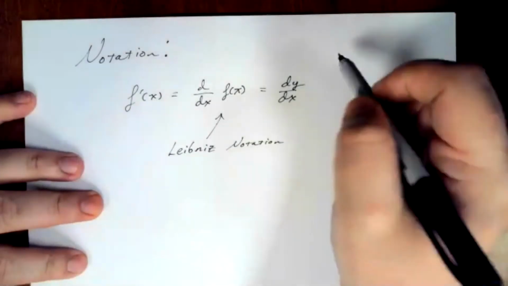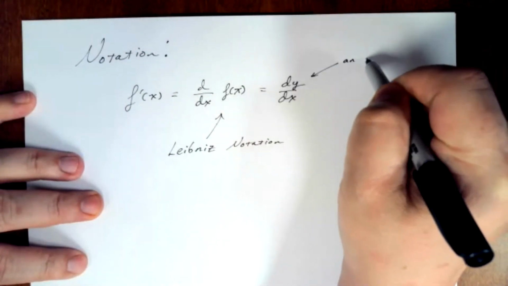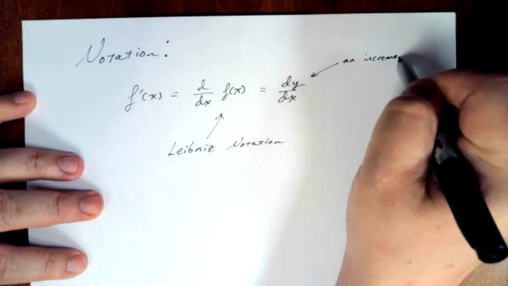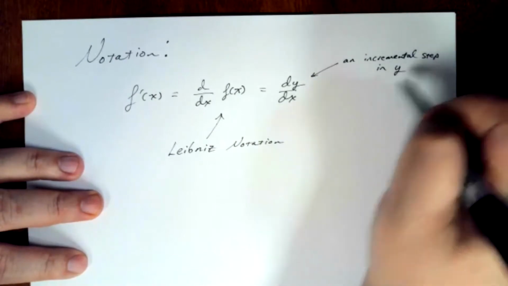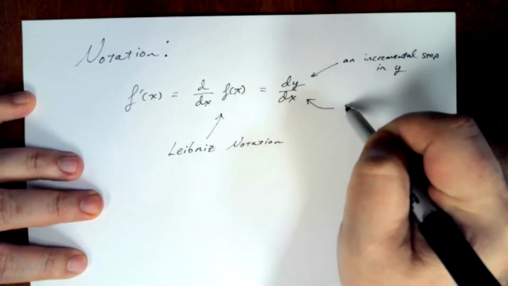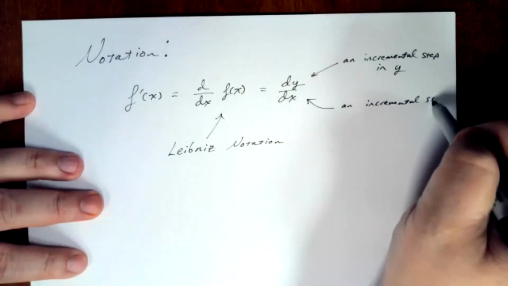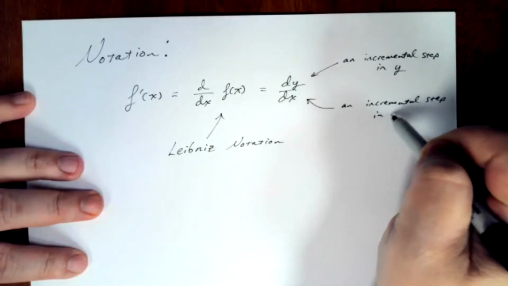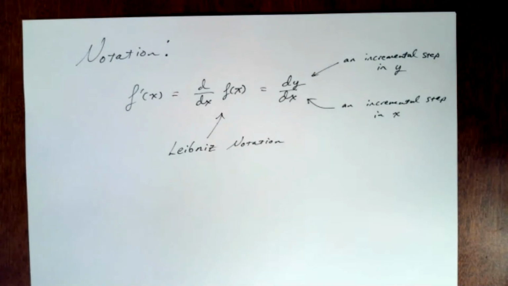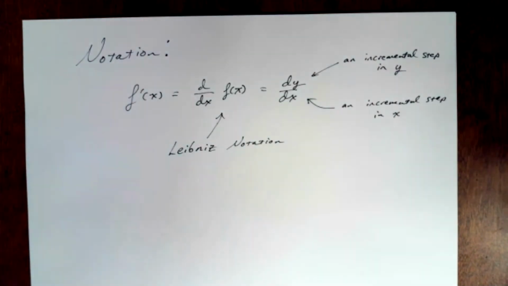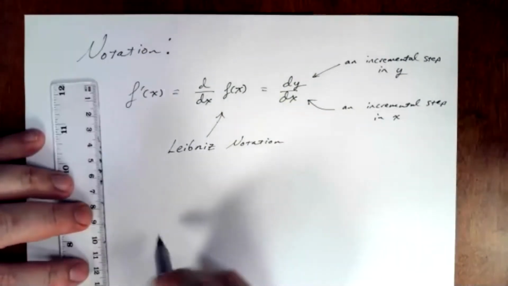And really what this is saying is I have an incremental step in y and an incremental step in x. Okay, so what's happening here, if I can be allowed to zoom in.